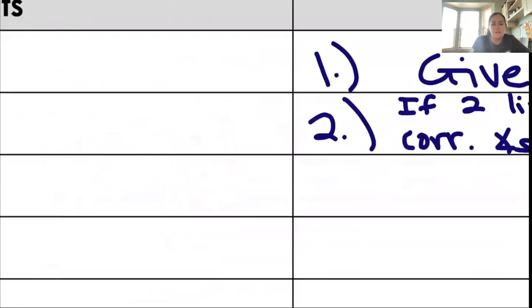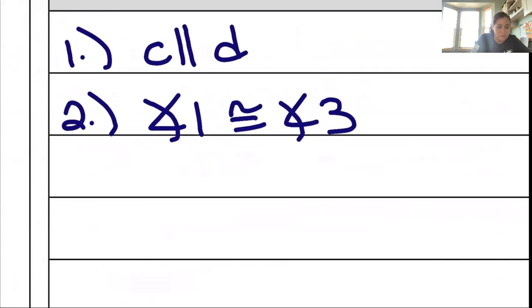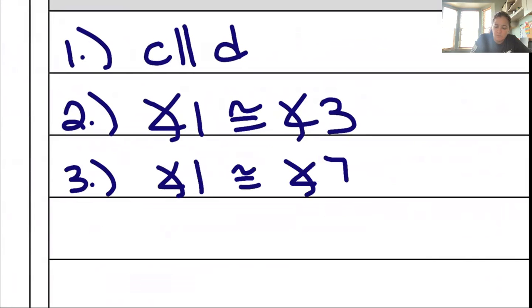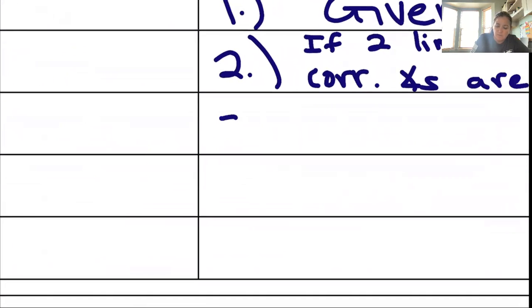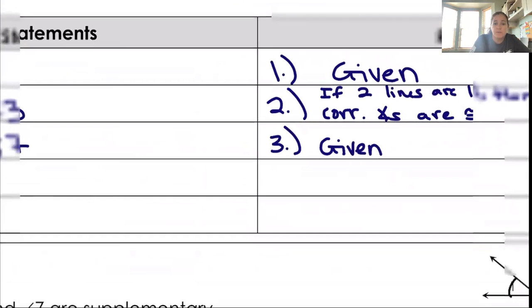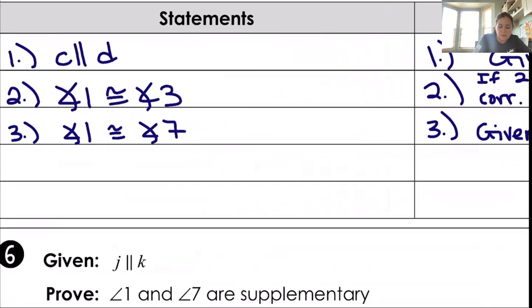And then I'll use my second given, angle 1 is congruent to angle 7. And then from there, I'll use my transitive property. So angle 3 has to be congruent to angle 7.